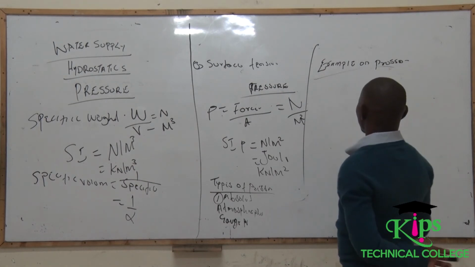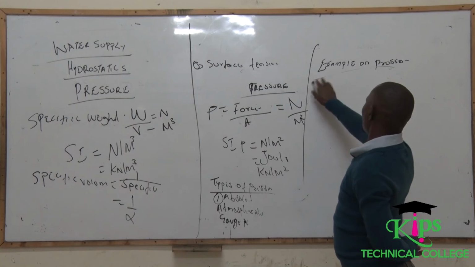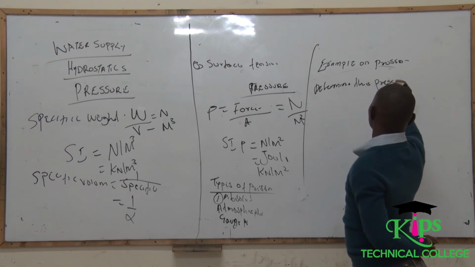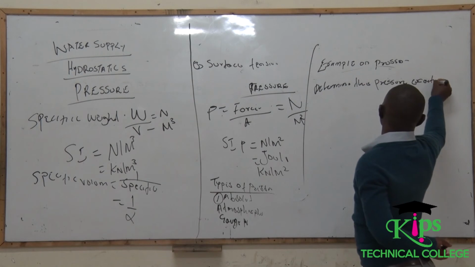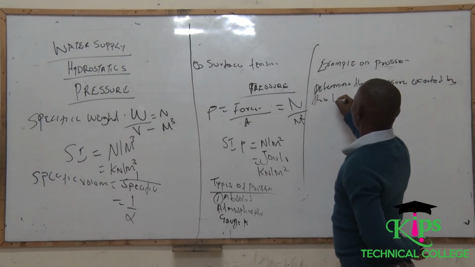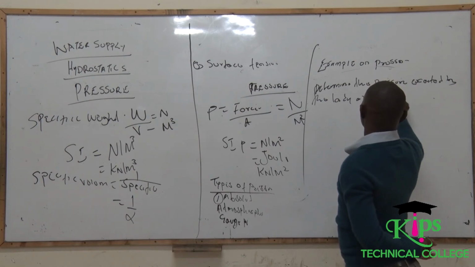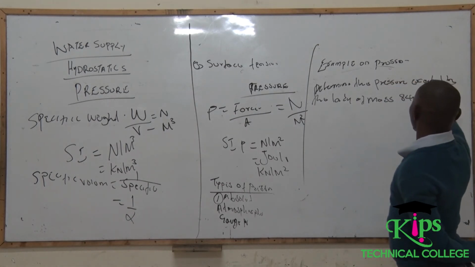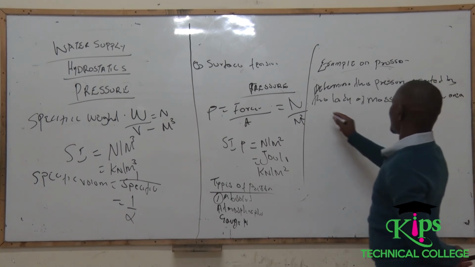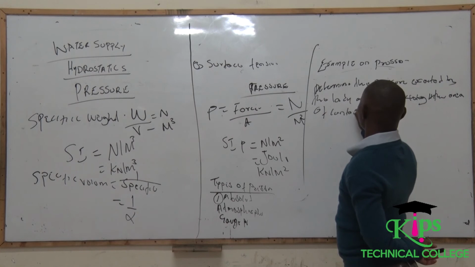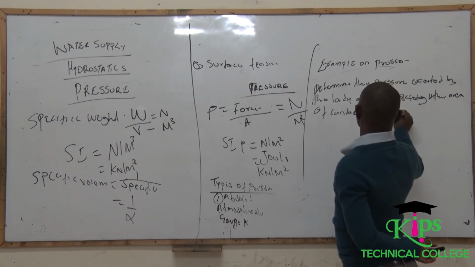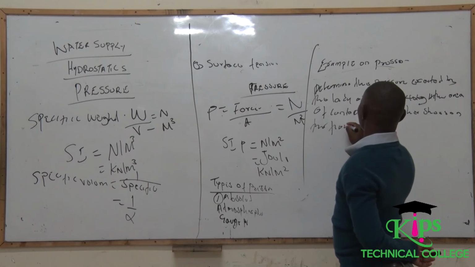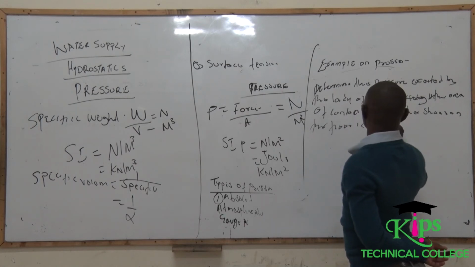Determine the pressure exerted by a lady of mass 840 kilograms if the area of contact between her shoes and the floor is 420 meters squared.